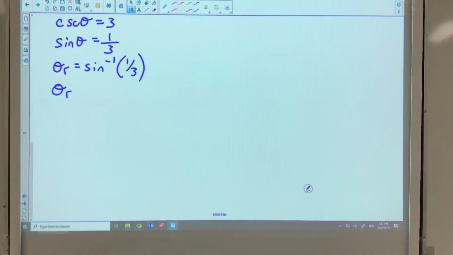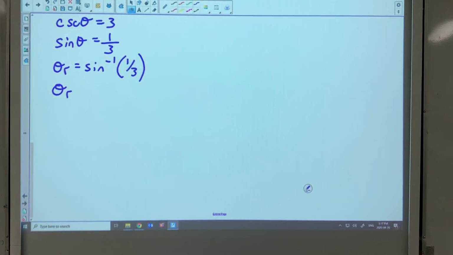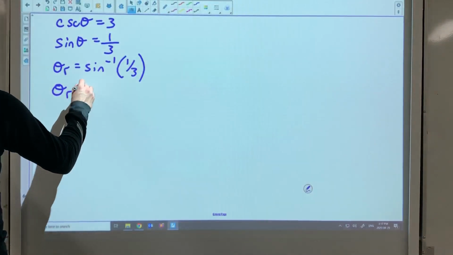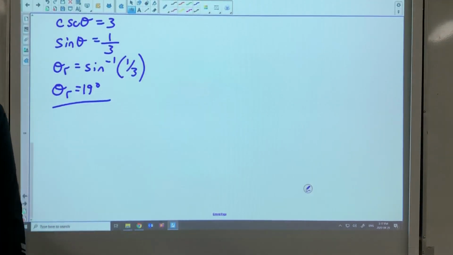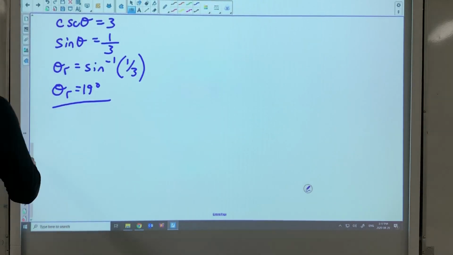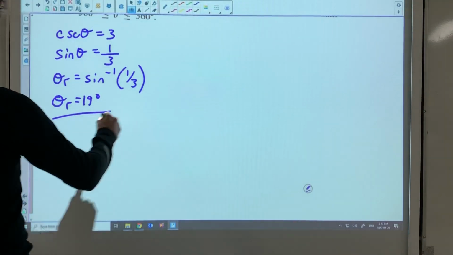I didn't write it down, so let me plug it in. 19.47, we'll round down for convenience. So we get 19 degrees. What this means for us is that we are in quadrant 1.